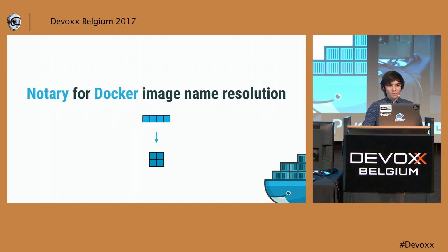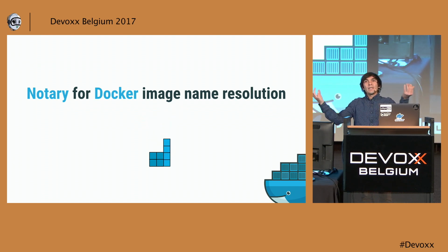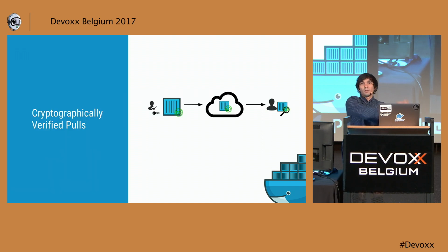So first, we can use Notary and Docker together for image name resolution. I mentioned earlier you could have Notary give you from tag to digest, and then Docker with containerd can use digest to layers and manifest. And what this gives you is cryptographically verified image pulls.